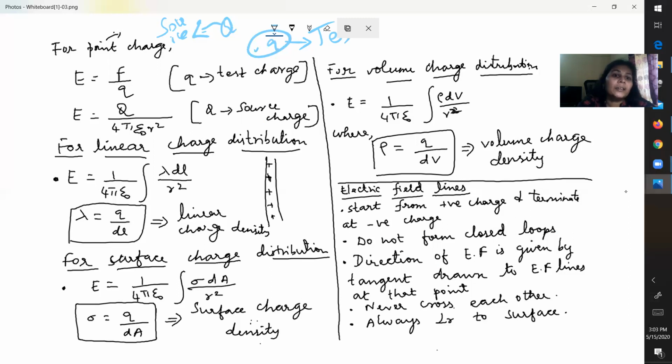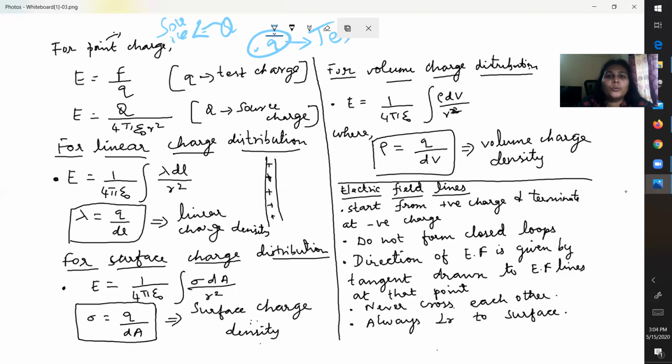It is the force experienced by a unit positive charge. When we bring a charge within the region of the source charge Q, it will experience a force, and how much force it experiences within that space is the electric field intensity. So E is equal to F by q.